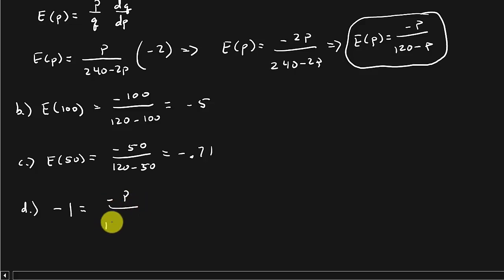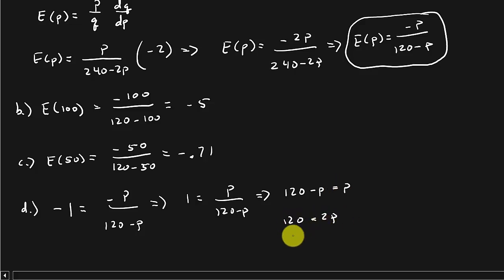So that's -P over 120 minus P, multiplied through by -1, so 1 equals P over 120 minus P. That's going to be 120 minus P equals P. So 120 equals 2P, which tells us that P is equal to 60.